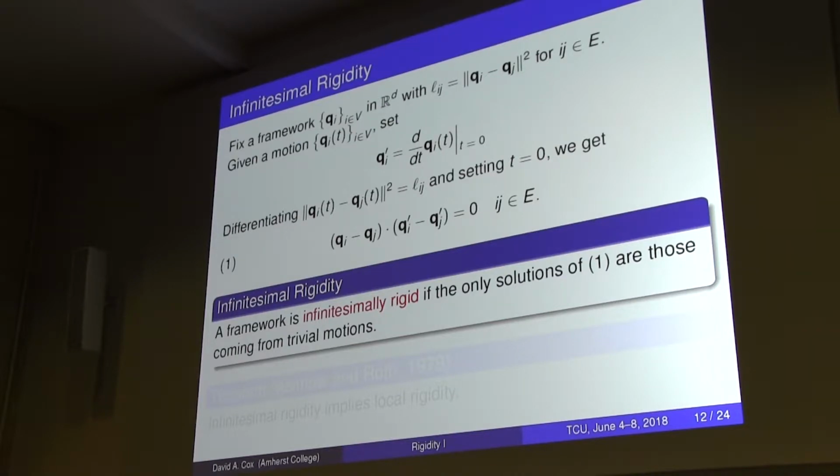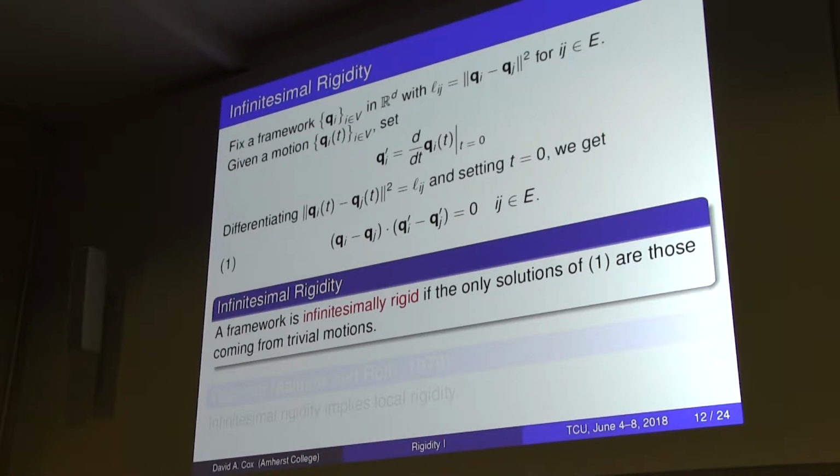And so basically, infinitesimal rigidity means that the only way to solve these equations is when the solutions come from trivial motion. That's the definition of infinitesimal rigidity: if it wants to move, then that motion actually comes from a trivial motion.